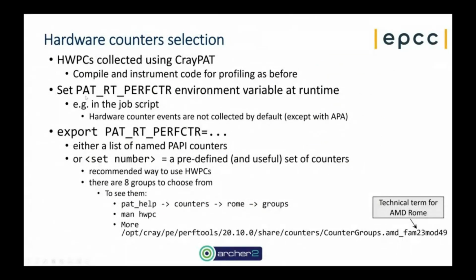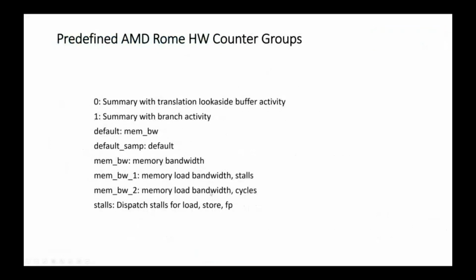So when we're doing that with CrayPat, we use this special environment variable PAT_RT_PERFCTR, and we specify what groups we want to collect. You can have a look at what groups are available in these different ways. There's pat_help, then counters and groups, or there's man hwpc, or you can cat this file here, and that will tell you what hardware counters are available.